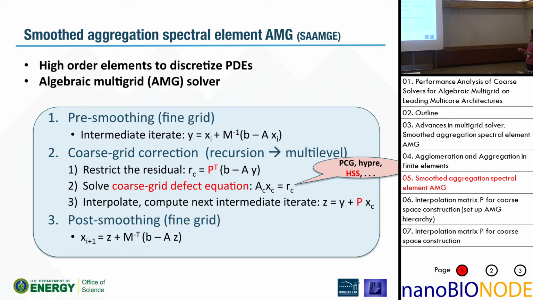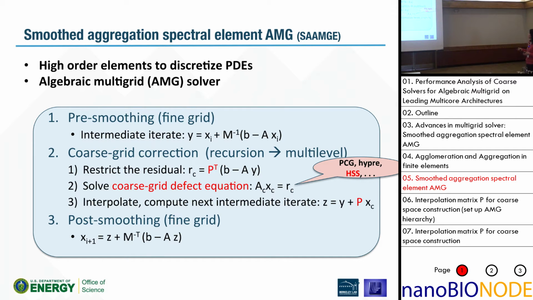You use your interpolation matrix P to restrict the residual to the coarse space, solve the coarse space problem, and interpolate back into the fine grid. At the fine grid, you do the post-smoothing. That's the two-level algorithm. The way to get a multilevel algorithm is to solve this coarse-grid problem recursively using the same algorithm. That's the multilevel, multigrid idea.